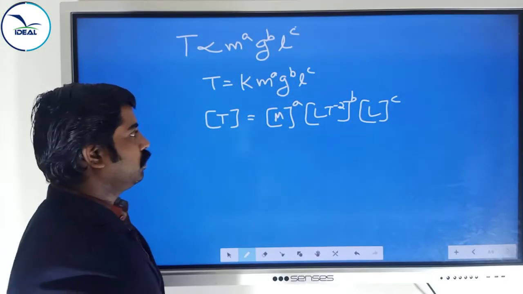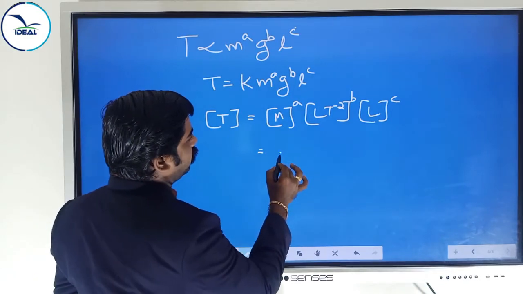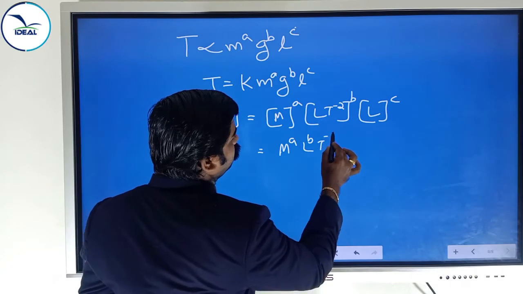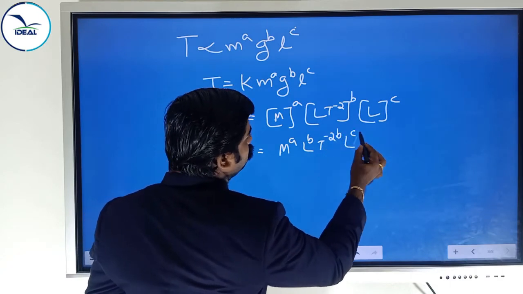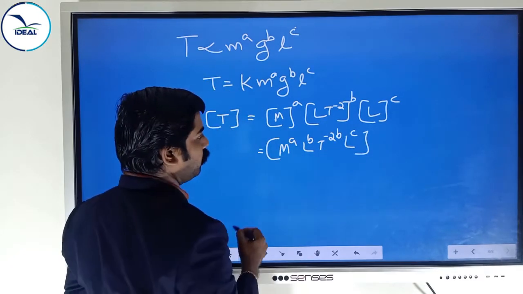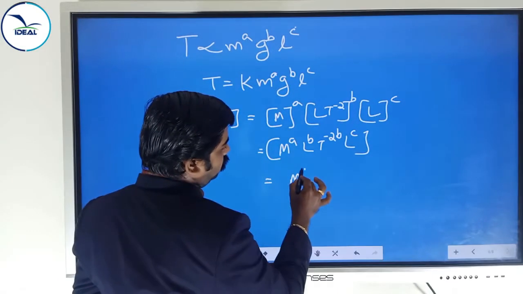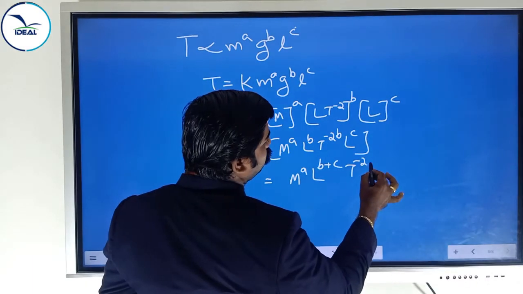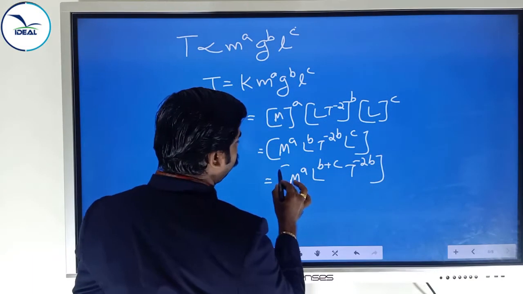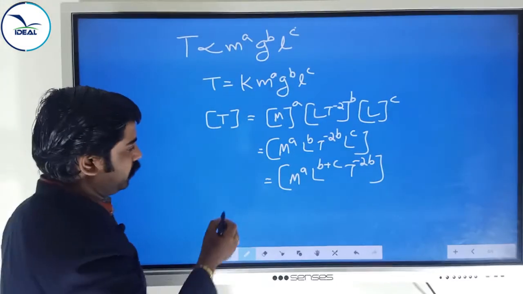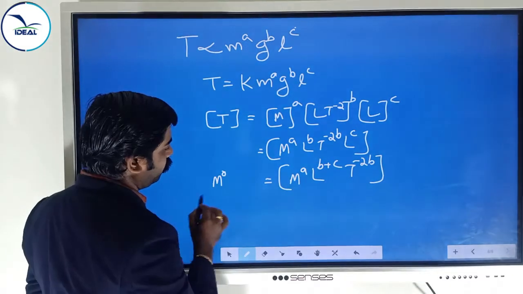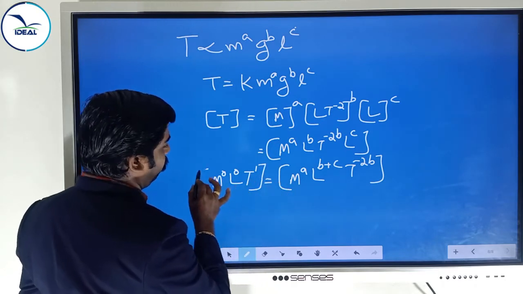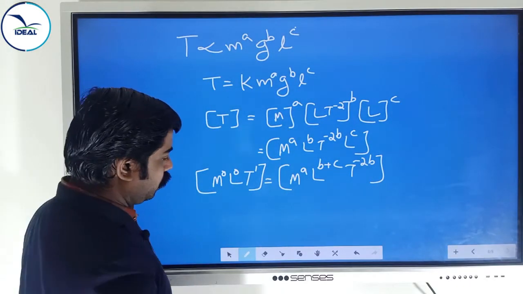So you can write it as M raised to a, L raised to b, T raised to minus 2b, L raised to c. That equals M raised to a, L raised to b plus c, T raised to minus 2b. Here it is T itself, that means M raised to 0, L raised to 0, T raised to 1.